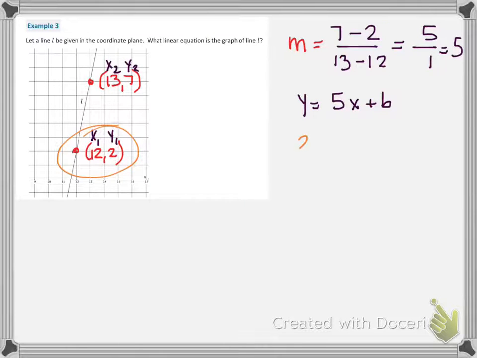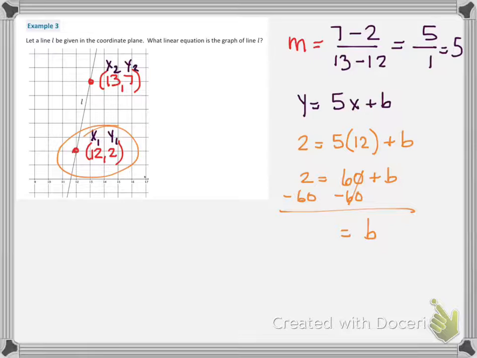Y is 2 is equal to 5 times x is 12, and then plus b. And then I can simplify, so 2 equals 5 times 12 is 60 plus b. And then I can subtract 60 from both sides. And that gives me b is equal to 2 minus 60 is a negative 58. So this line crosses the y-axis at negative 58.